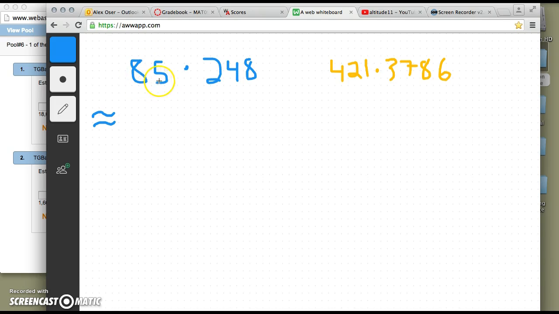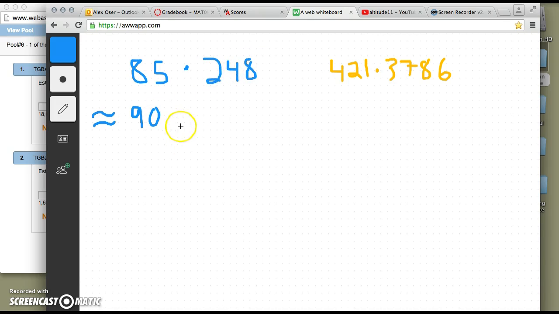You need to figure out what place value is the furthest to the left in this number, and this is going to be your tens place. So you want to round 85 to the nearest tens place. Since we have a 5 in the ones place, we need to round up to the nearest 10, which gives us 90.